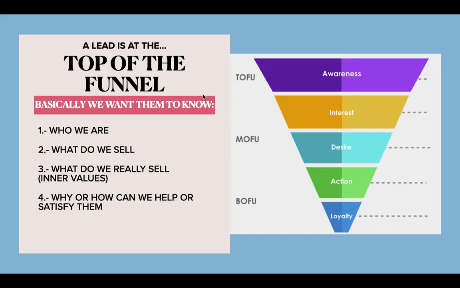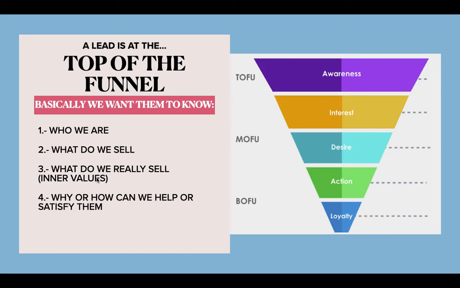And basically, we want the leads to know who we are, what we sell, what we really sell, I mean, which are the inner values that we have, and why or how we can help or satisfy them.